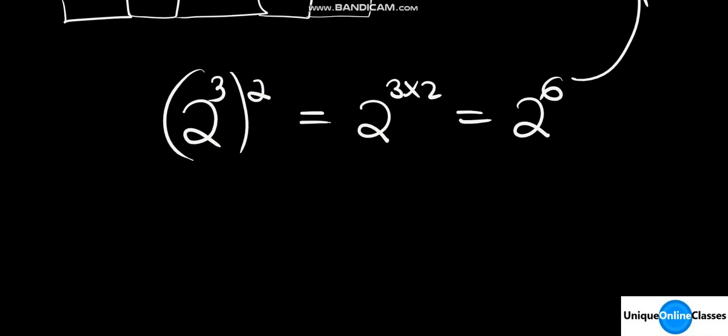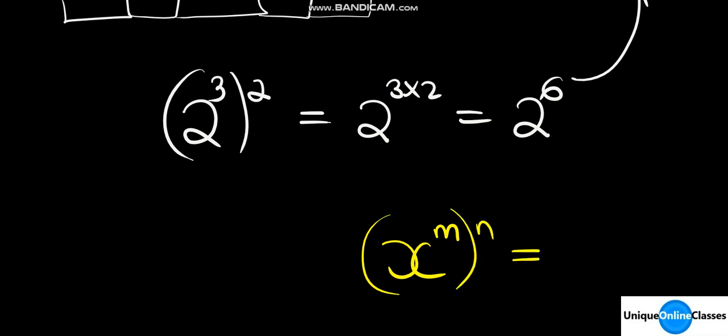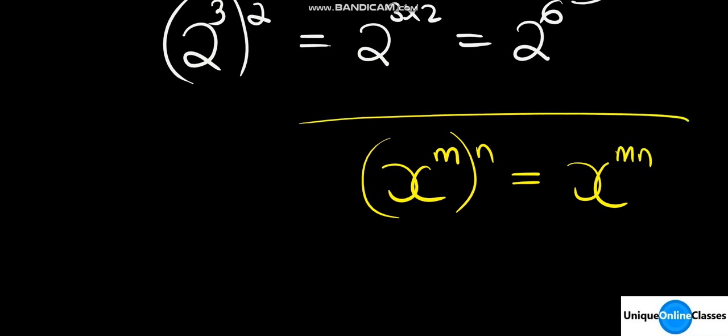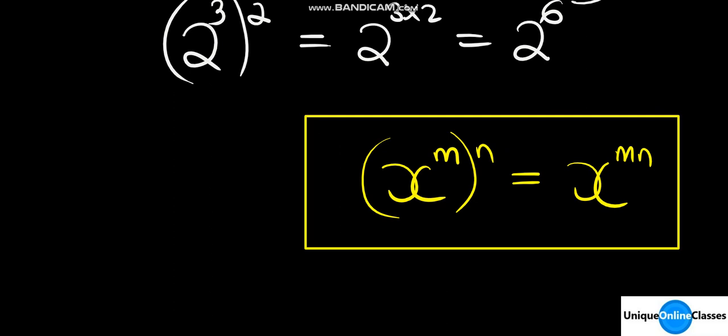Let's say we have x power m, then close bracket, raised to the power n. That one is the same as writing x power m times n. That is a law on its own. So that's our law number 5.